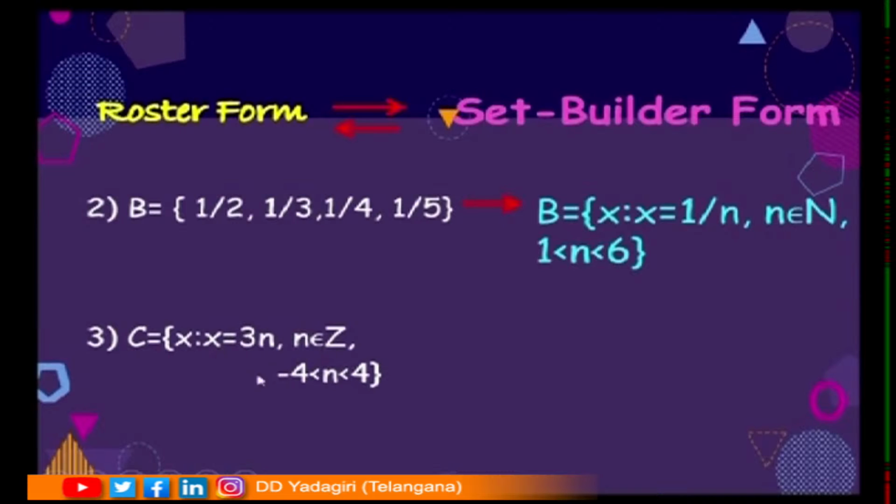Understand the property here, children. x should be a multiple of 3, where n is an integer taken between minus 4 and plus 4. So, if I have to write this set builder form in roster form, I can write it as C is equal to minus 9, minus 6, minus 3, 0, 3, 6, 9.